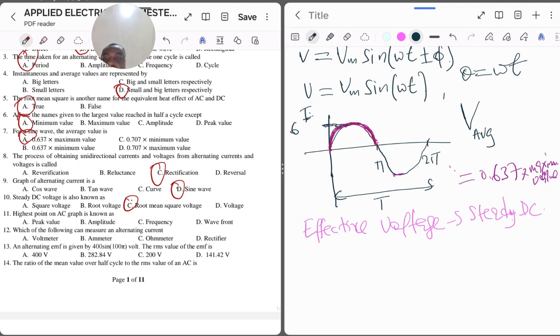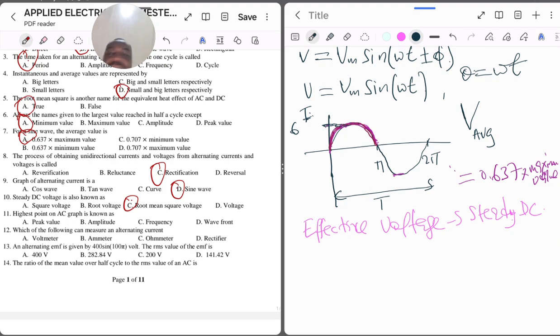A is the peak value, B amplitude, C frequency, and then D we have waveform. So that was question 11, right?